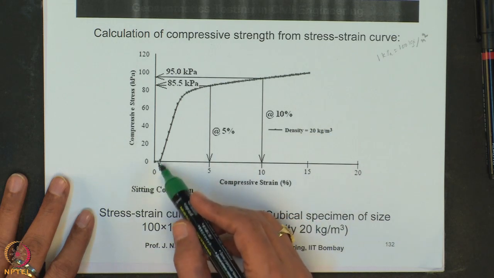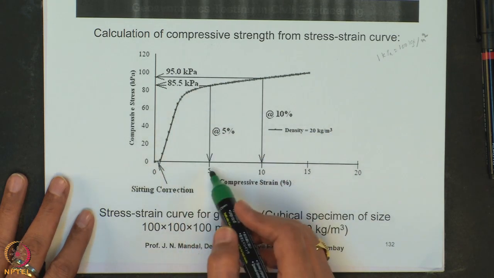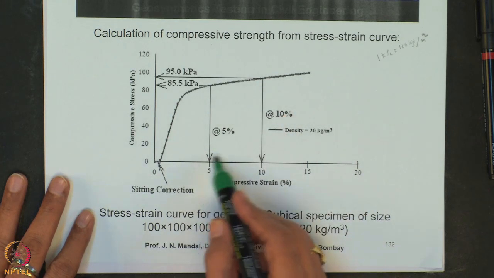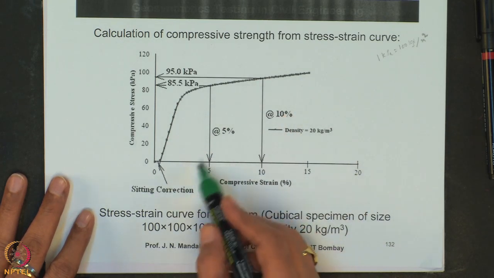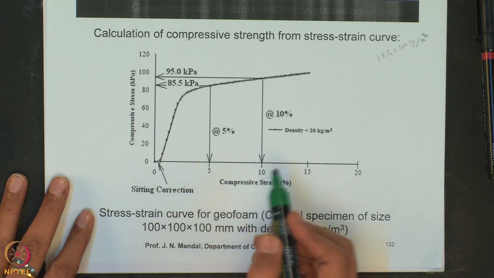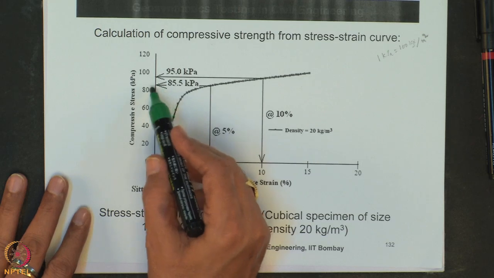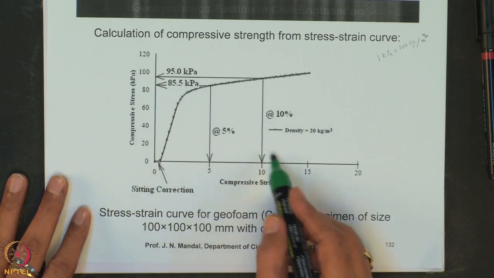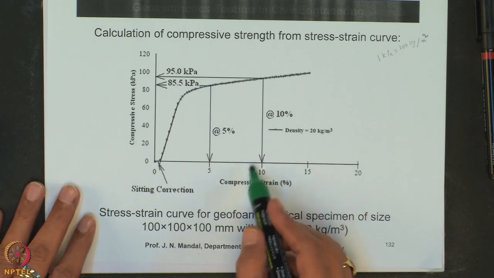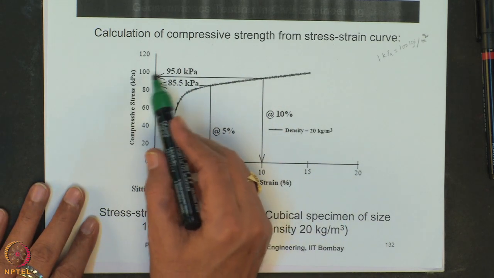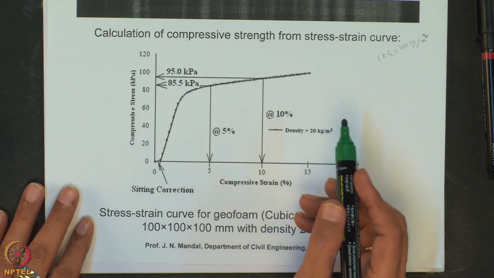You can determine for 1%, for 5% and for 10%. At 5% compressive strain, the compressive stress of the geoform is 85.5 kilopascal. At 10% compressive strain, the compressive stress is 95 kilopascal.